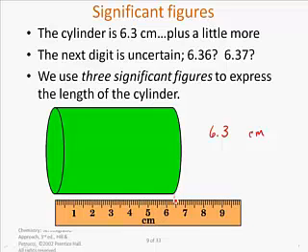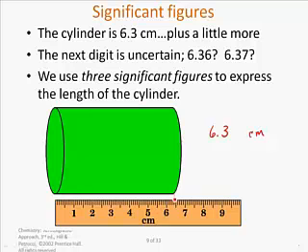Okay, and so you just kind of eyeball it, and this estimated or uncertain digit is called that because it's based on the opinion or the expertise of the person that is using the measuring tool.